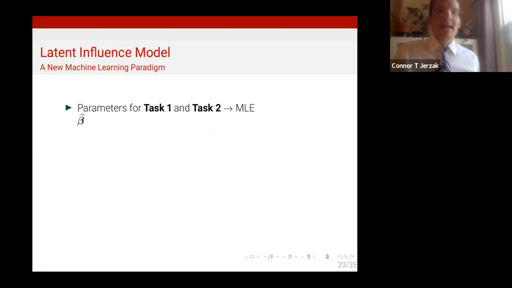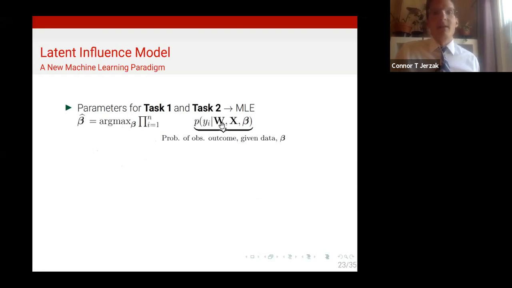In the MLE framework, we have some set of parameters, which I'll call beta, and we're trying to maximize the probability of observing the data given the treatment data, the outcome data, and our parameters. We're trying to find the parameters which maximize the probability of observing the data that we did observe in this context.